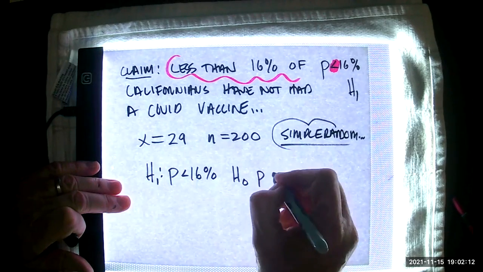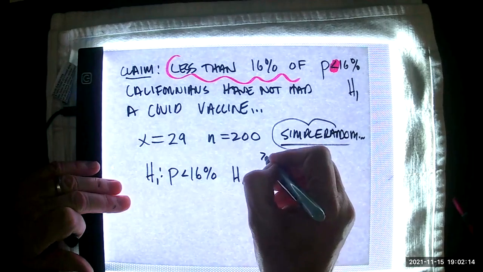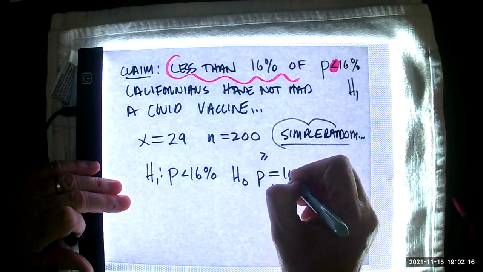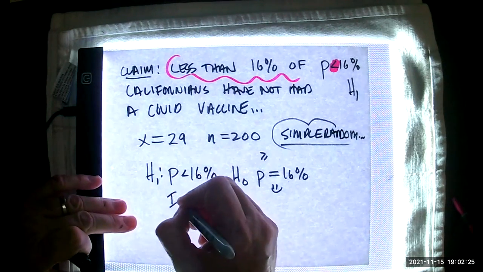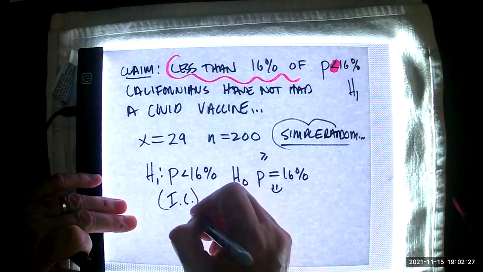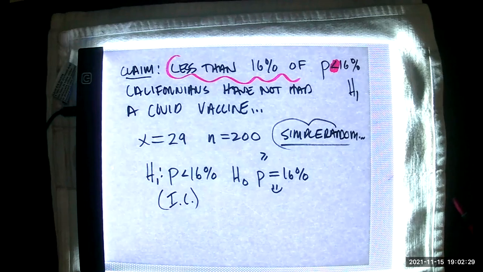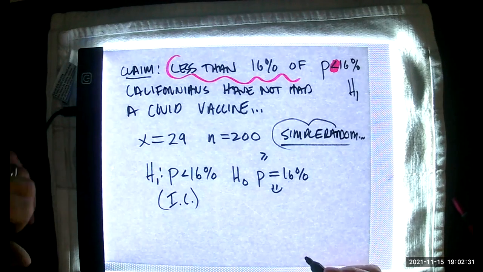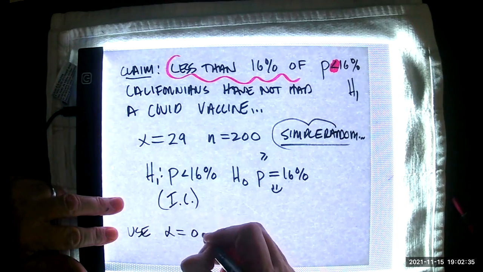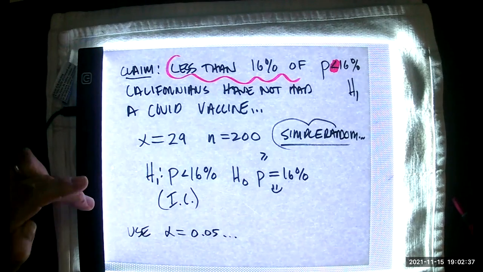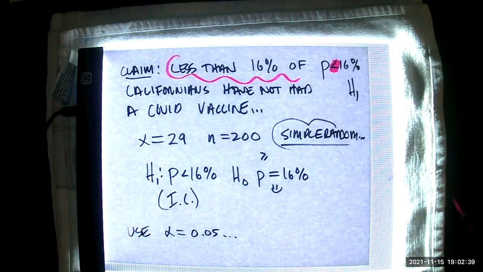The null hypothesis, P equals, I know greater than or equals, but we write equals 16%. It's the complementary case. I'll clean that up when we get to the next page. This is my initial claim, and I'll just note that also. The only other thing I need is my level of significance. I am going to use an alpha equals 0.05 level of significance.